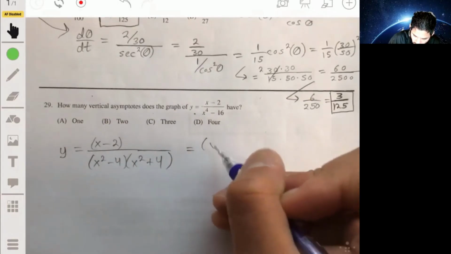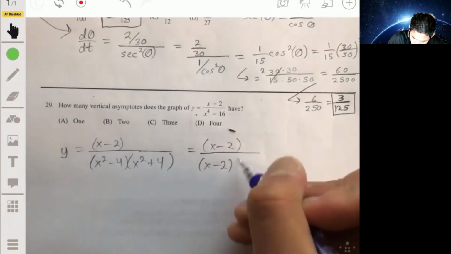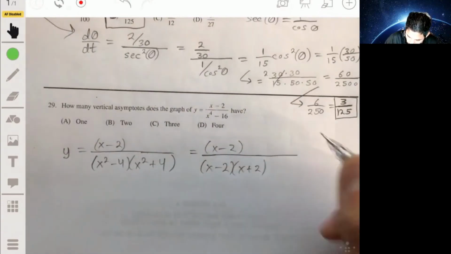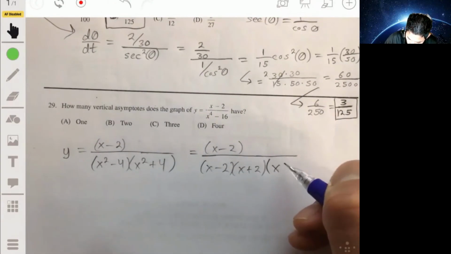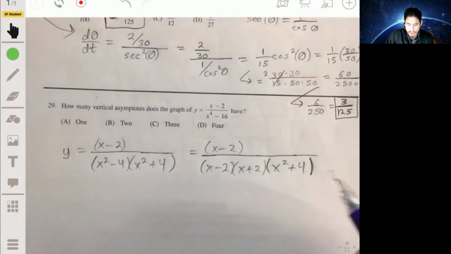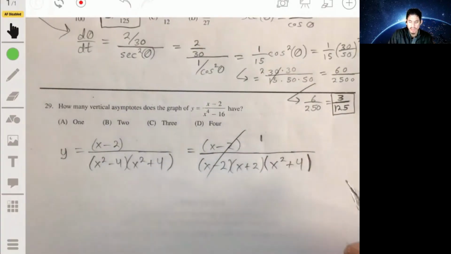Furthermore, that factors into x minus 2 times x plus 2, times x squared plus 4. So these x minus 2's cancel, and you really just have 1 over this.